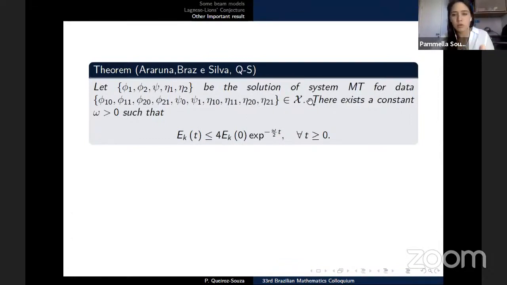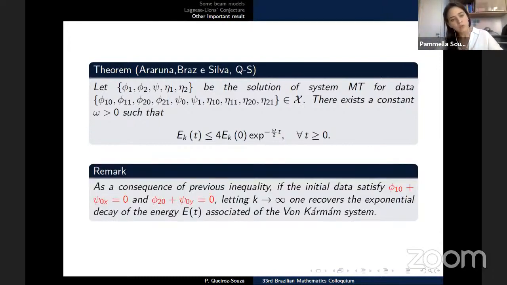Then there is a positive constant omega such that this inequality holds, which means that the energy associated with this system with internal damping decays exponentially. Okay. And one remark is the following.